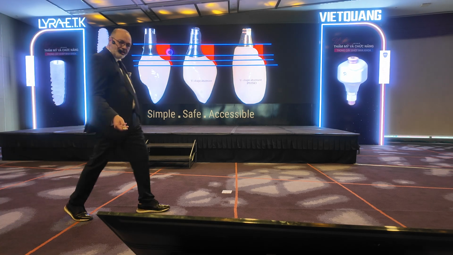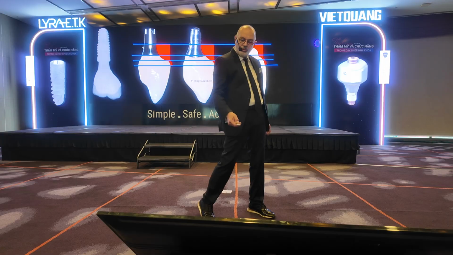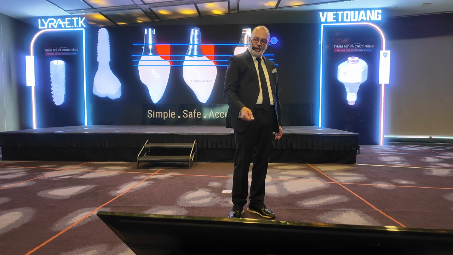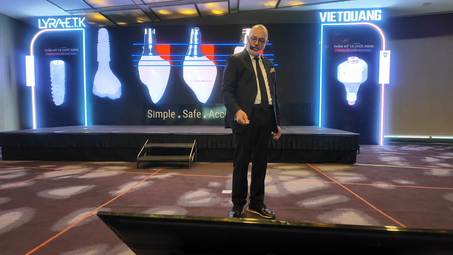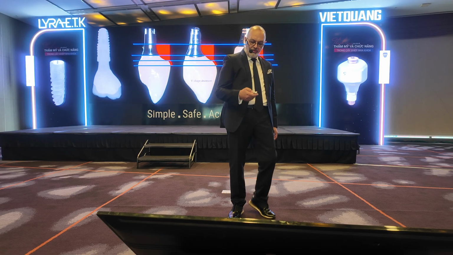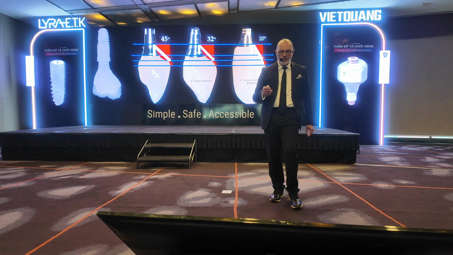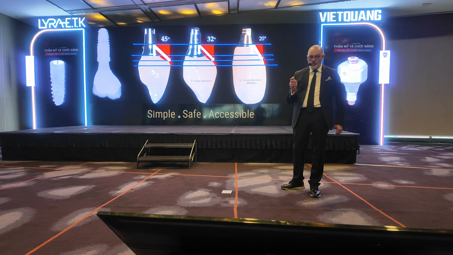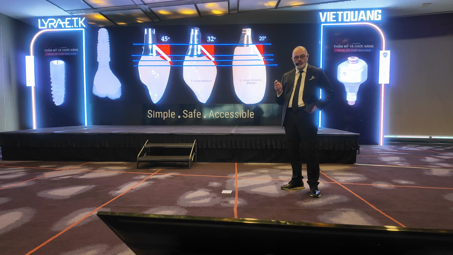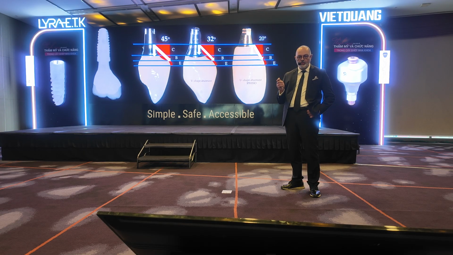So what is interesting is when you decrease this part, by supporting the tissue with this part, which is the shape of the epiphyseal, you have fewer problems, and you decrease the angulation between the implant immersions and the outer part of the crown.